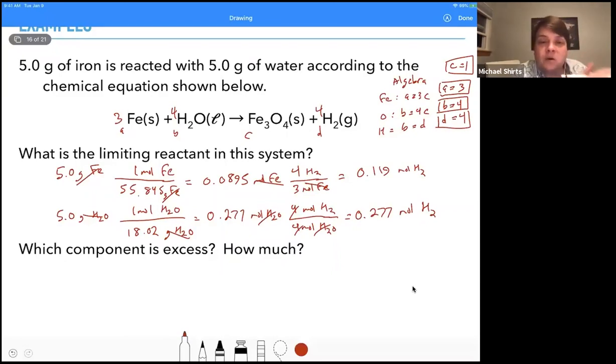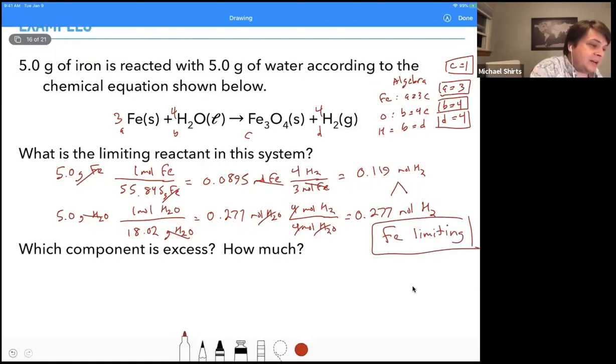So therefore, iron is the limiting reactant, because once 0.119 moles of H2 are produced, all the iron's gone. There's still water left over to react. So because the amount produced by iron is less than the amount produced by H2O, iron is limiting.